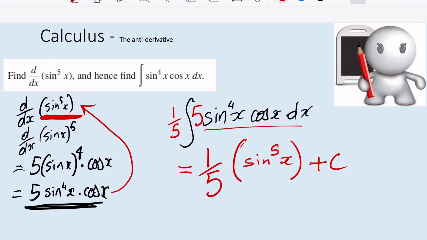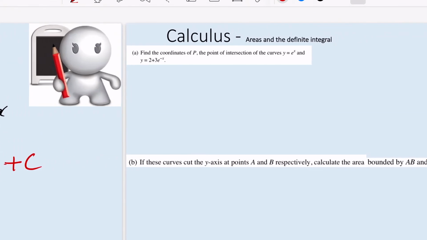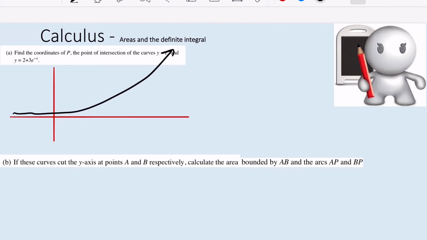That's fine, either way. So now over to my next question, and it's an interesting one which links up a number of topics together. So very quickly, what we have is the graph of y equals e to the power of x, which is there.